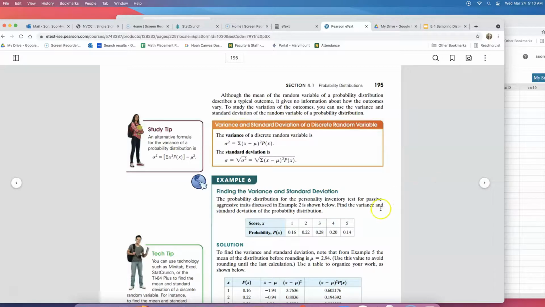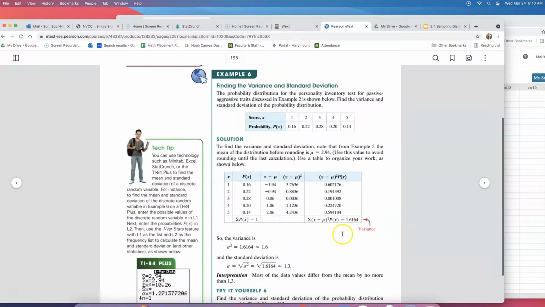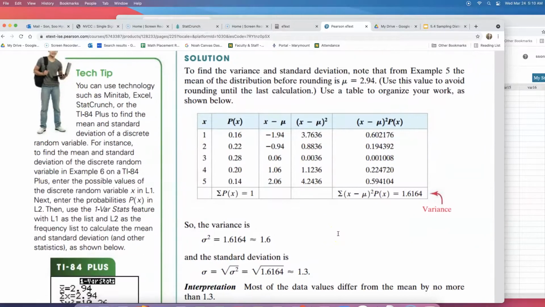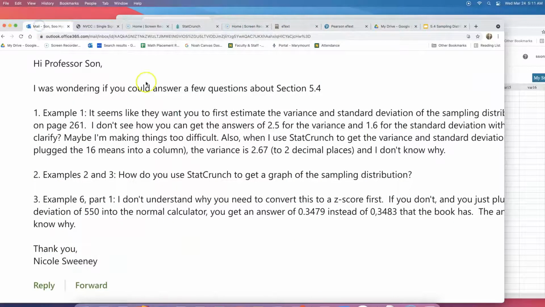And there is an example number 6 where we had to use, see, the reason I used StatCrunch's custom calculator was because I didn't want to do all these by hand, but that is how you can find, if you have the complete probability distribution, the variance of 2.5 and standard deviation of 1.6.